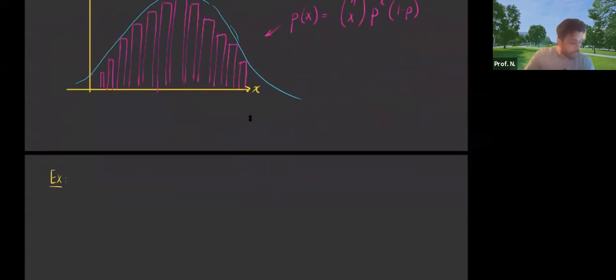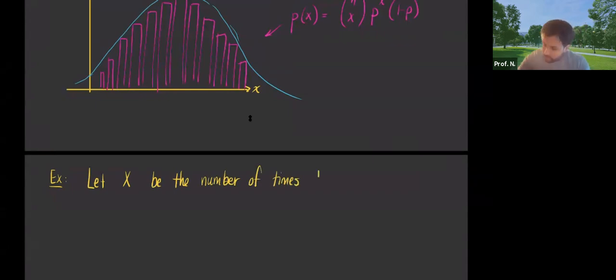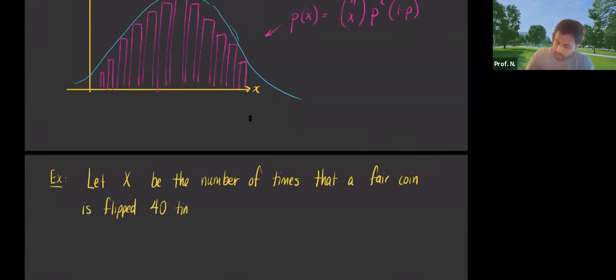For example, let x be the number of times that a fair coin that is flipped 40 times lands on heads.